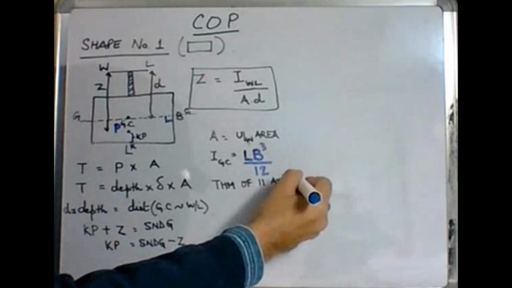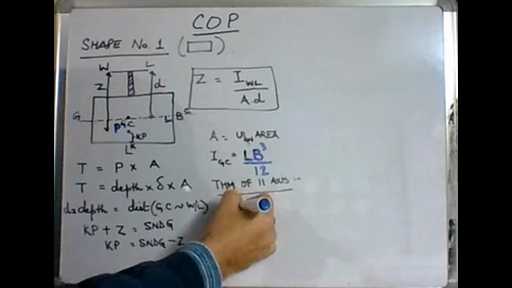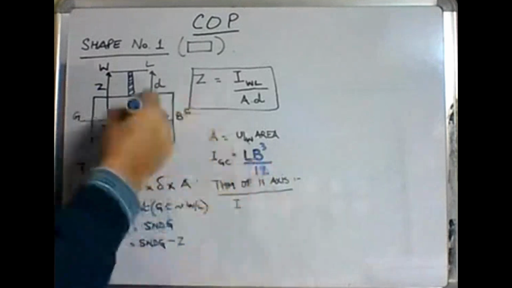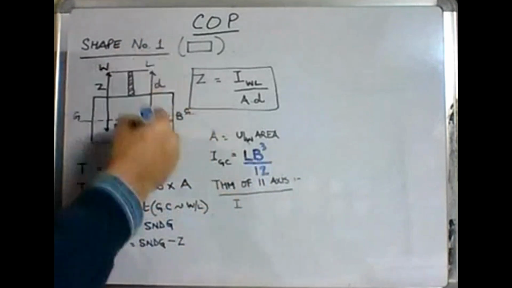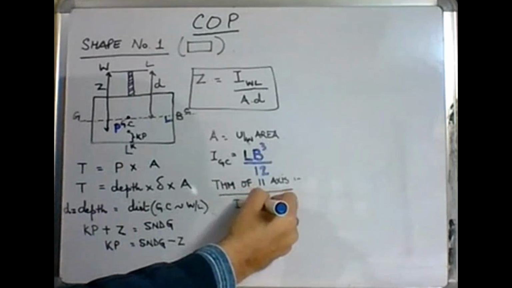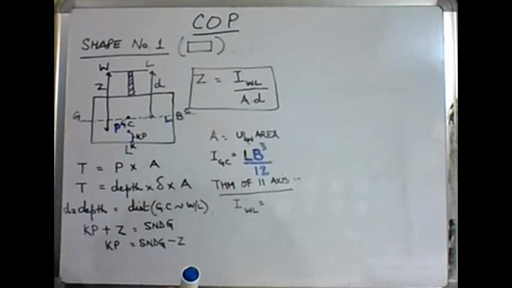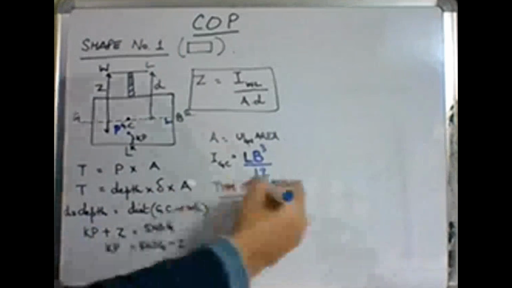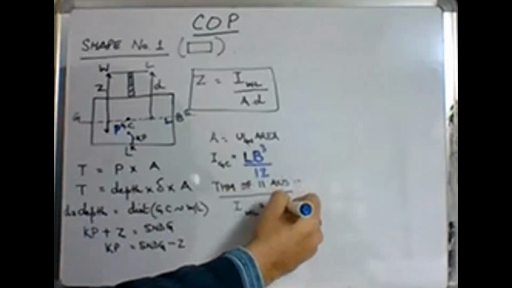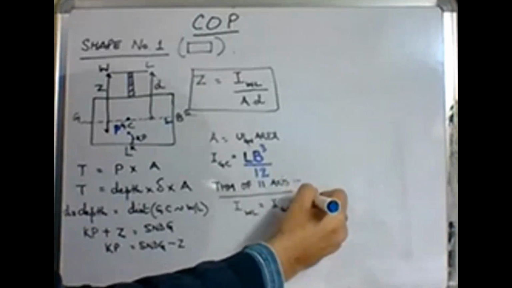The theorem of parallel axis gives me the moment of inertia about any axis which is parallel to the geometric center axis. So I water line, the theorem of parallel axis says, is equal to IGC plus AD square.